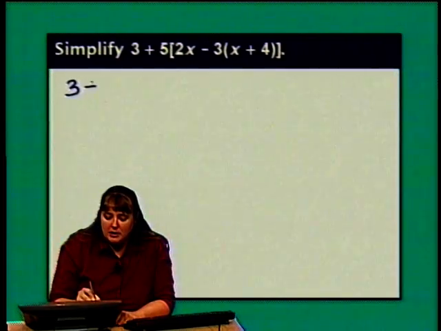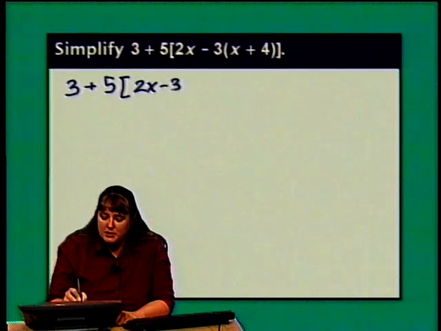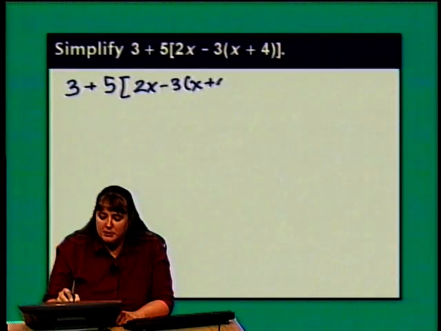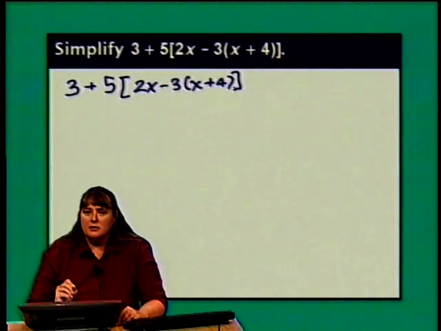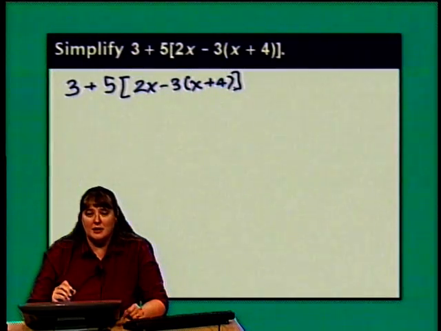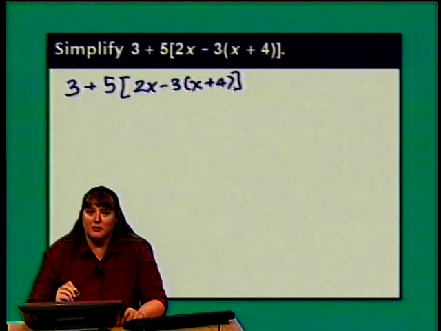Now let's try 3 plus 5 times the quantity 2x minus 3 times the quantity x plus 4. The first thing my eyes are drawn to on this problem are the 3 and the plus 5, that addition up front. But I need to remember the order of operations tells me that addition and subtraction come last in the order of operations.